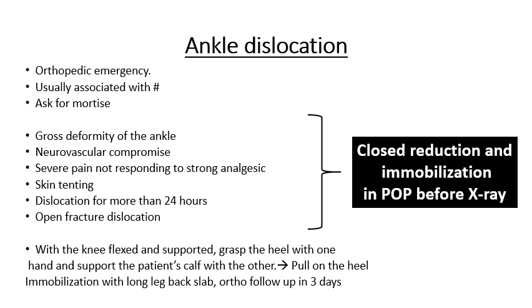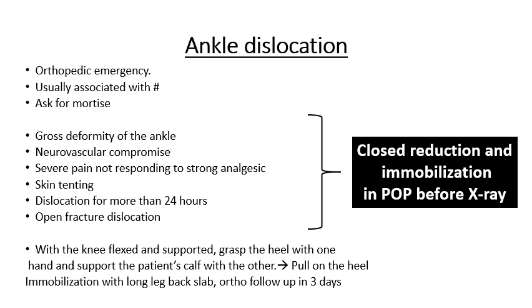Now your question might be, if there is an open fracture, why do we need to reduce it? If it is an open fracture dislocation, you need to reduce the dislocation and immobilize it. Then you need to admit in the ortho for your ORIF.